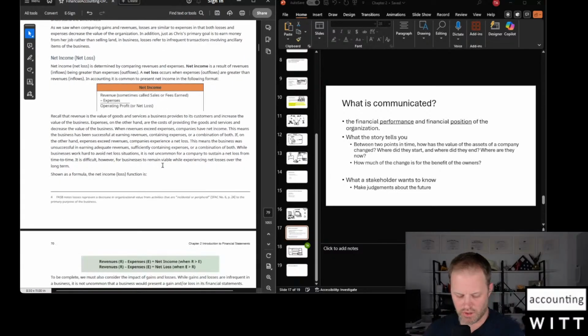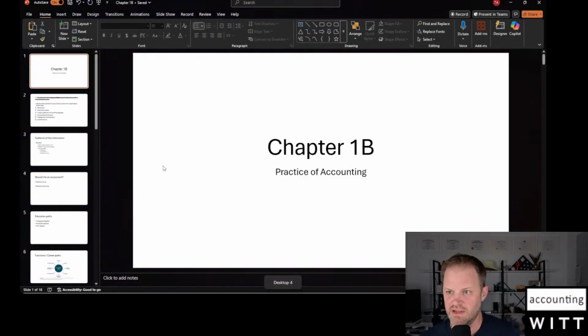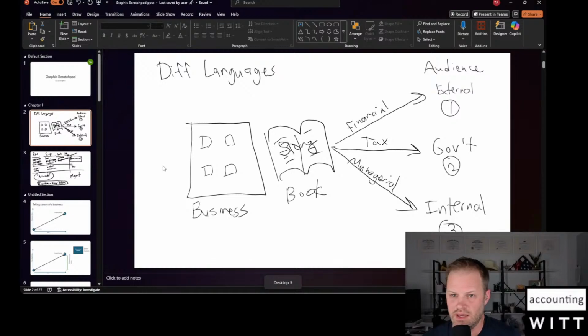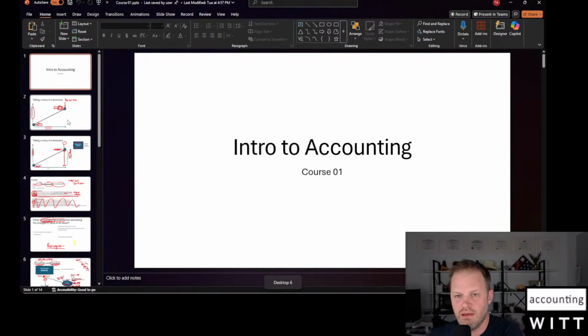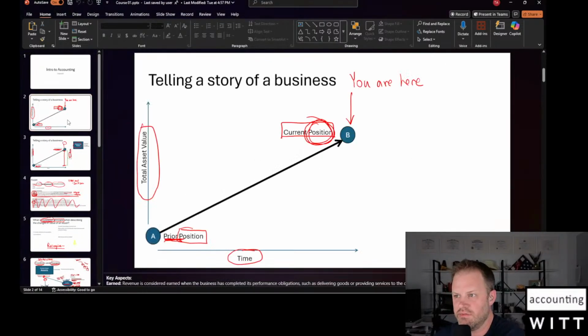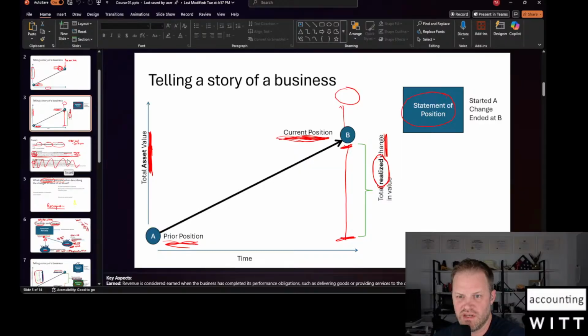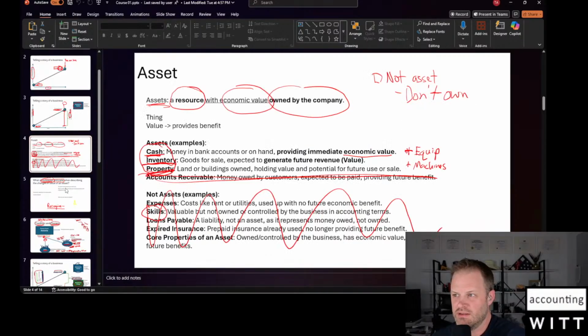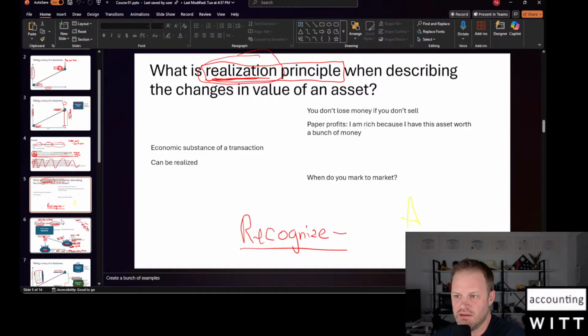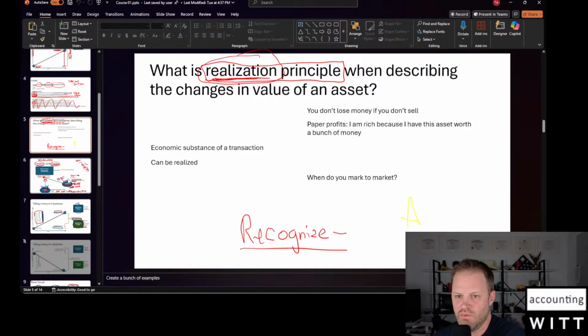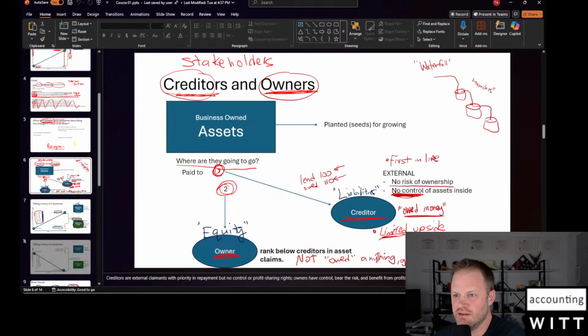So before, I had made an attempt at this concept of you're telling a story of a business. You've got the statement of position, statement of change. I think we need to introduce this idea of the creditors and the owner stakeholders.